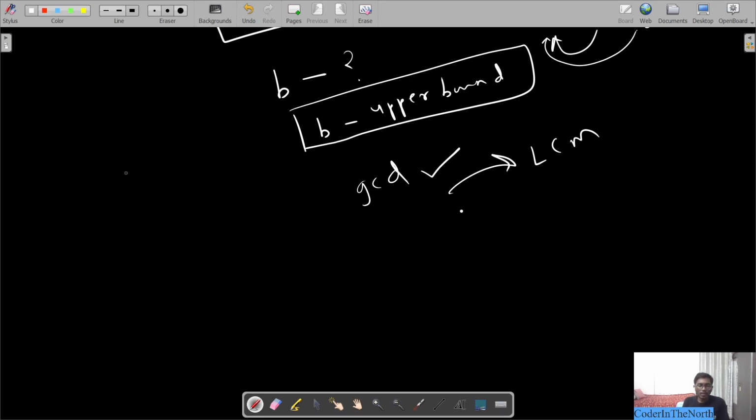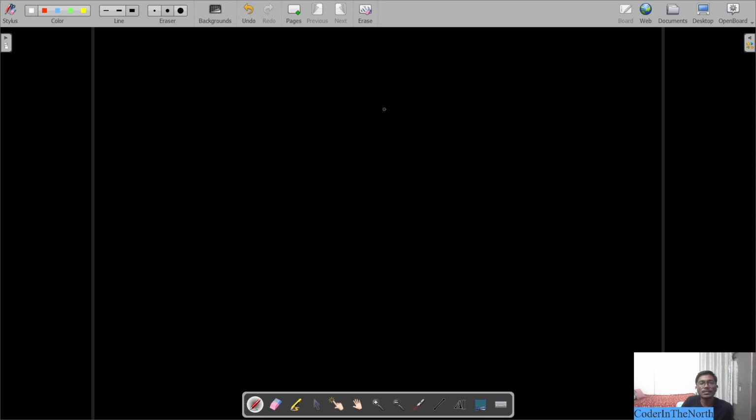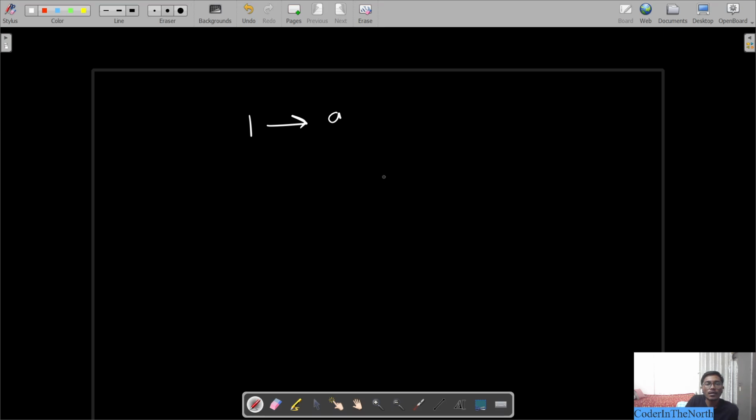Now let's see the easiest way to calculate GCD. We already know we'll go from 1 to A if I have A and B. Considering I, we are traversing over I. If we write it like this: for I equal to 1, I less than or equal to A, I plus plus.